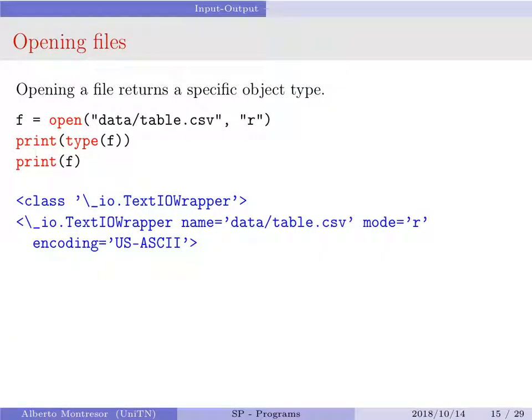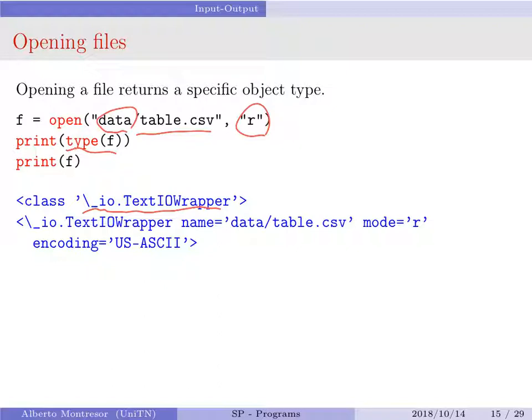Okay, so this is what you do. There is a file called table.csv. It is included in the directory data. You open it for reading, and then if you print the type, you see that it is a very strange type which is used to represent a file handle.